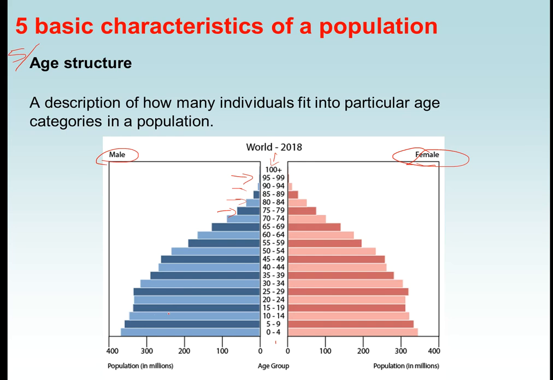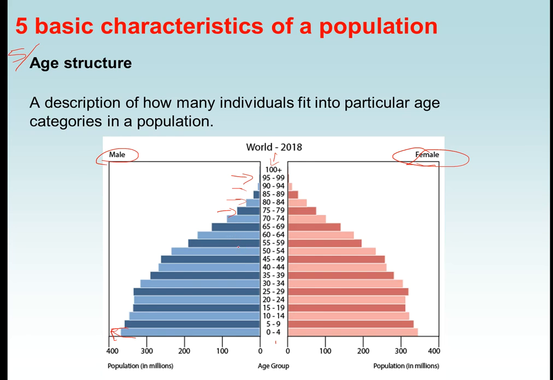In populations, the distribution of young from 0 to 4 is going to be your greatest, and then obviously as people age, the death rate begins to decrease the number of people within a particular population.